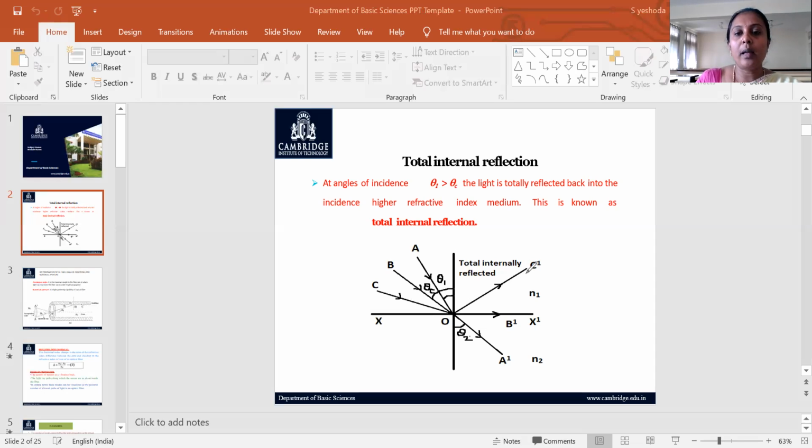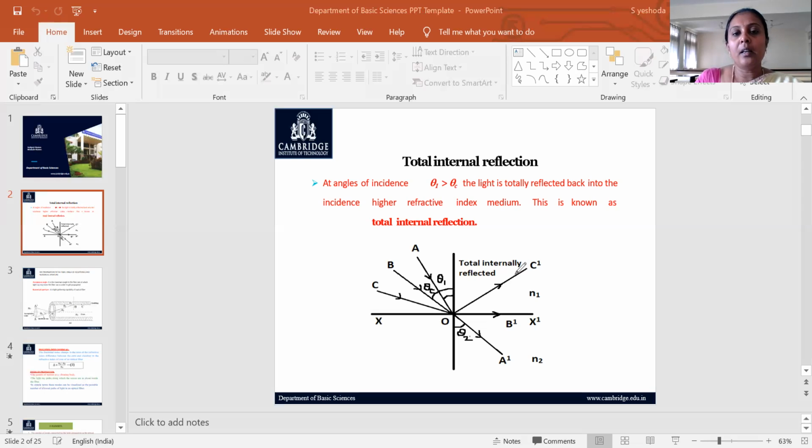This is called the total internally reflected ray. You can see here OC dash is the total internally reflected ray. This is how the process of total internal reflection takes place.